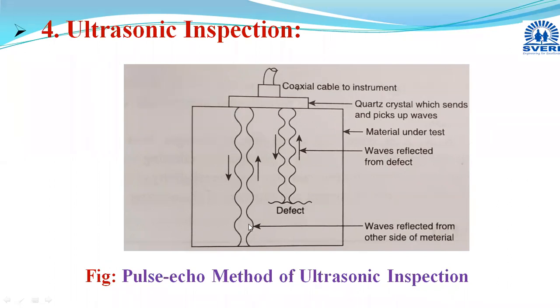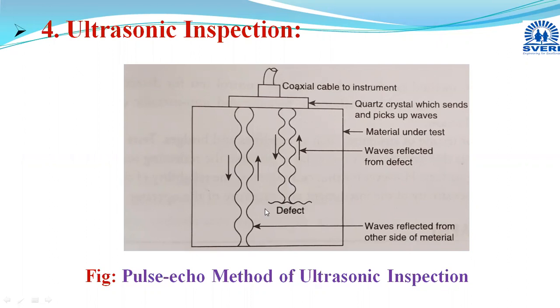It will pass and come back to the quartz crystal. If a defect is present in that component, the wave will get reflected back from that defect, and there is also the wave reflected back from the other end of the material.